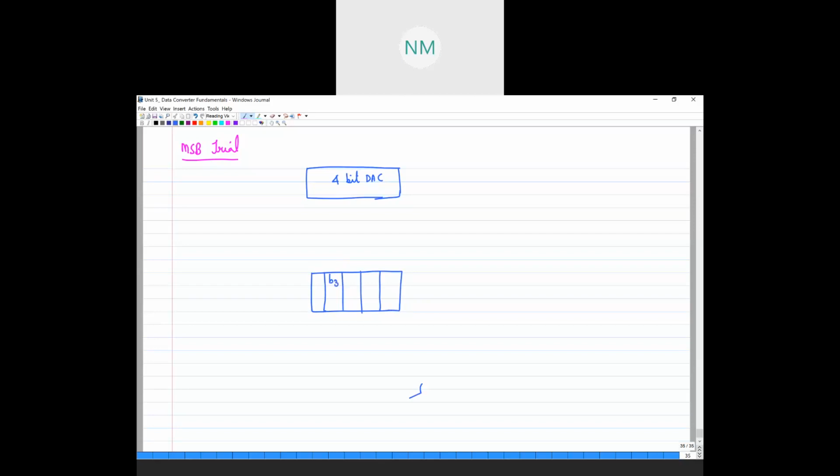This is the clock, right? Now you have the comparator here, with minus and plus inputs, and this is V in. My input data is 5.1 volts, and this is the output coming from the DAC. Okay, so let us try with this.